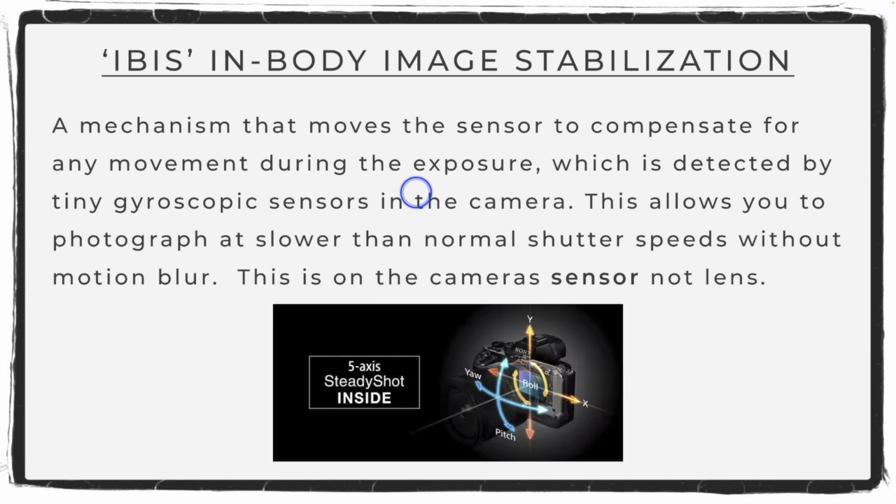So you can use the combination of lens stabilization and camera stabilization to really kind of beat out all that motion blur. And if you're shooting video and you're doing it handheld, it will give you a much smoother video than it would if you were hand holding it without a Steadicam or gyroscope or anything like that, like a gimbal. So that is in-body image stabilization.